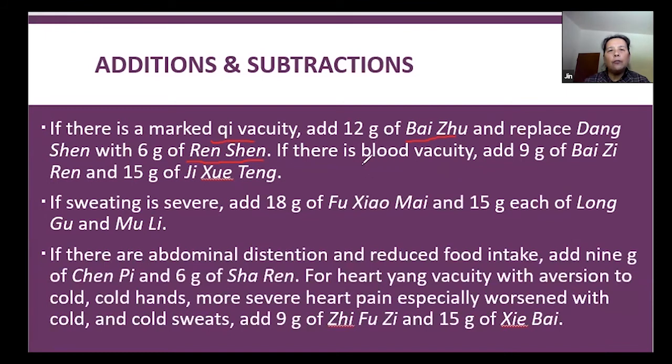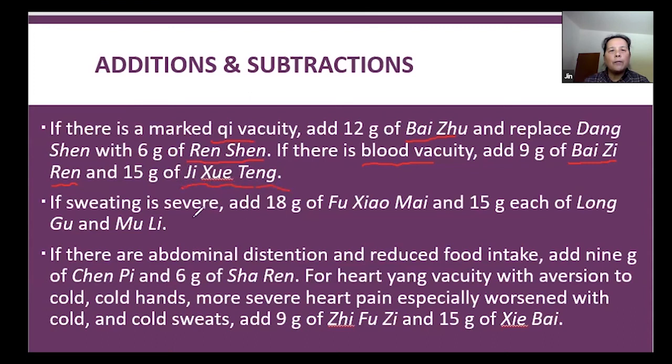And if there is blood deficiency, we can add in some more herbs for tonifying blood. Basically, 柏子仁 nourishes the heart, and 鸡血藤 nourishes the heart.